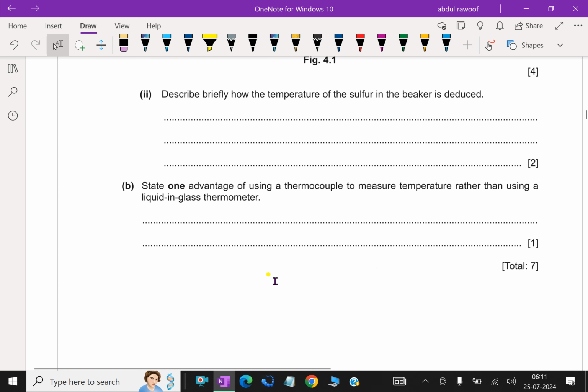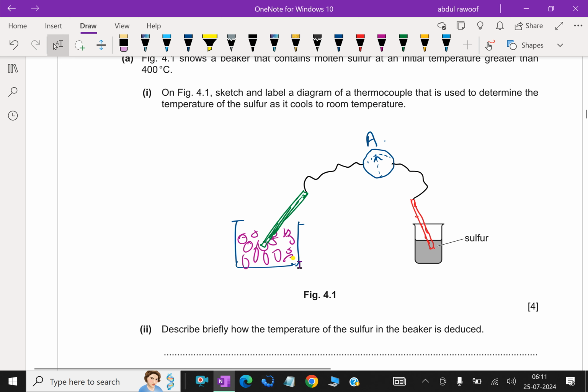Describe briefly how the temperature of the sulfur in the beaker is deduced. By measuring the EMF, electromotive force, through the meter.